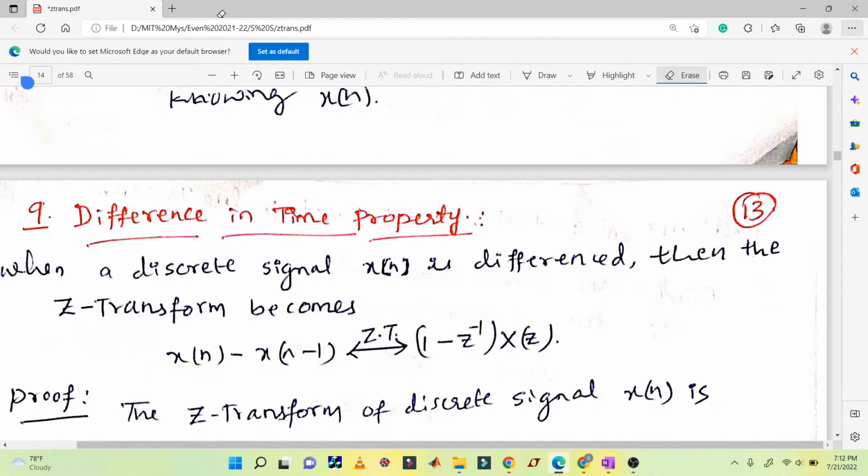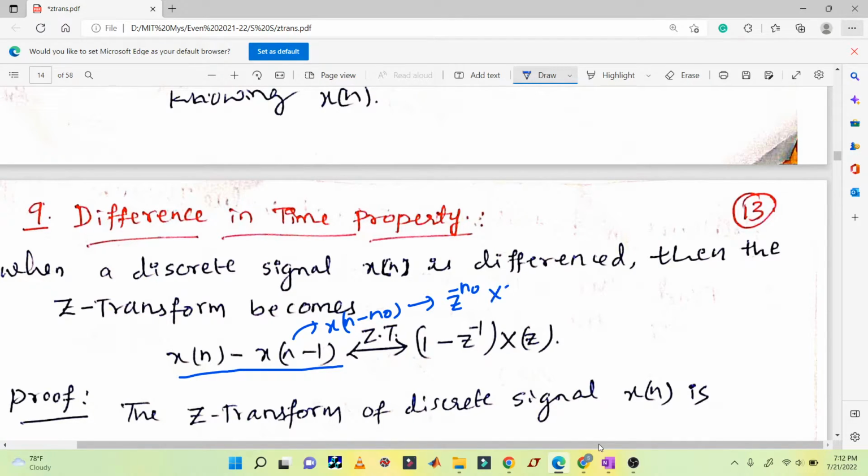So let me consider the property here itself. You can see x of n minus x of n minus 1 will give us the Z transform 1 minus z inverse x of z. So this is nothing but x of n minus n naught. Z transform of this is z to the power minus n naught x of z, correct? This we have seen in the time shifting property.